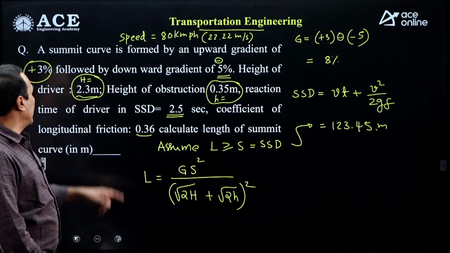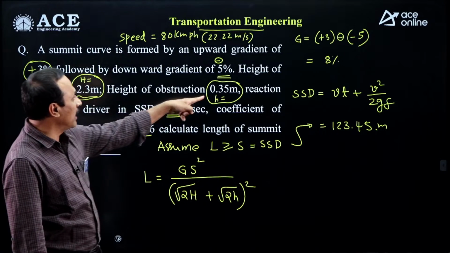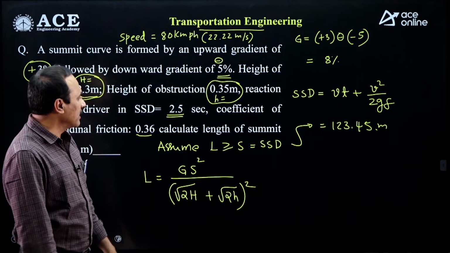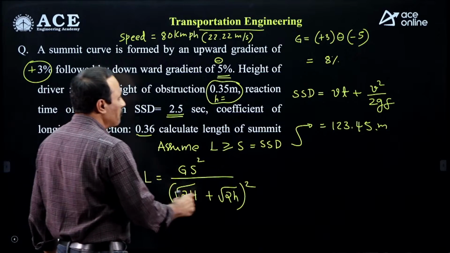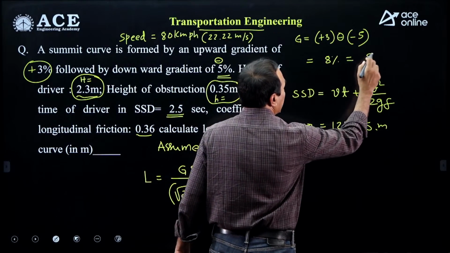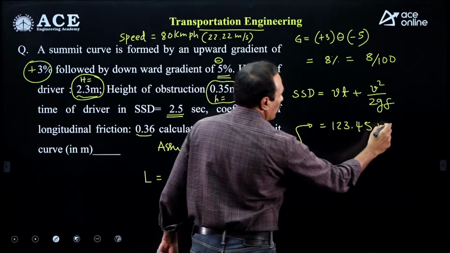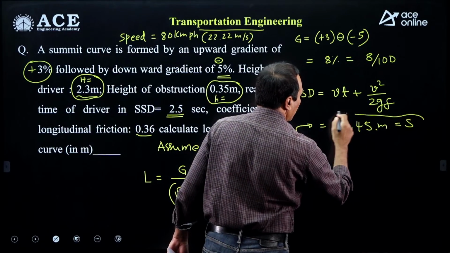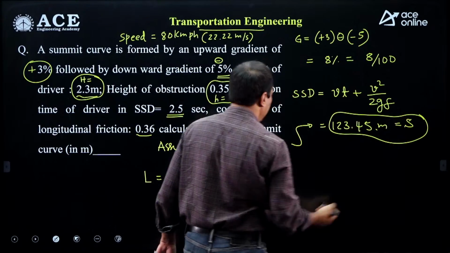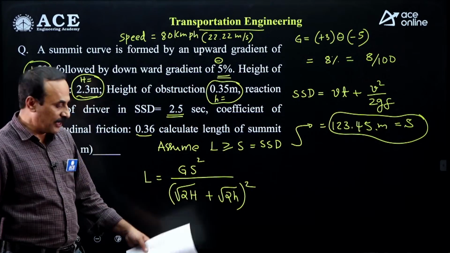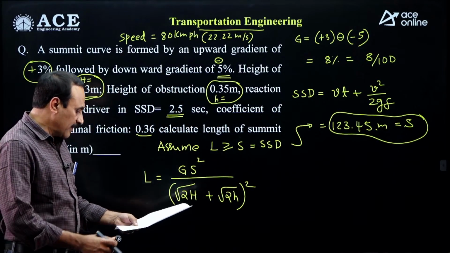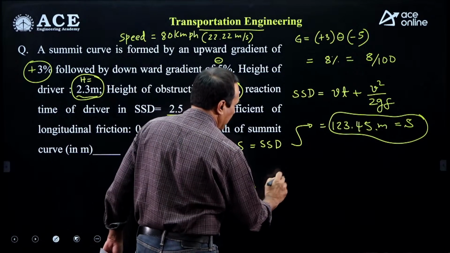So capital H we take as 2.3 meter, small h we take as 0.35 meter. N is 8%, you should not substitute 8%, it is 8 by 100. And S you can take equal to 123.45. This is our stopping sight distance. If you substitute the values, I am giving you the answer directly, it is 140 meter.